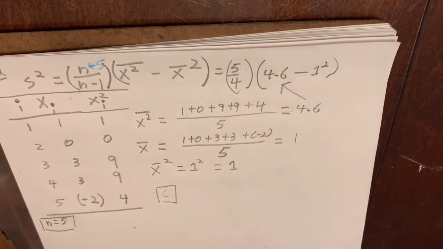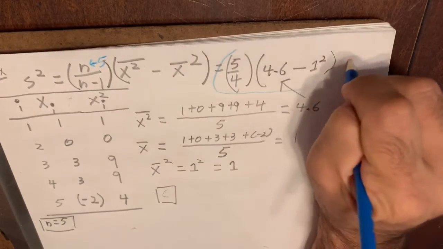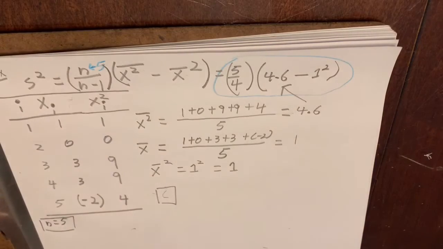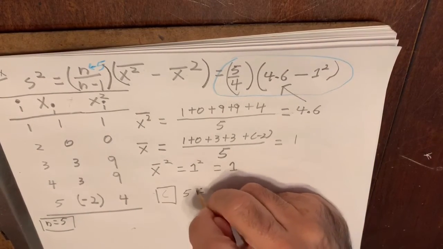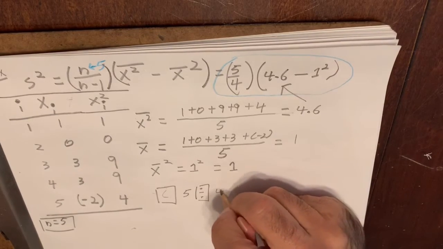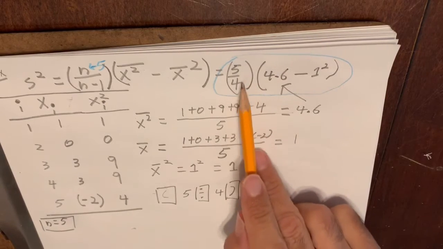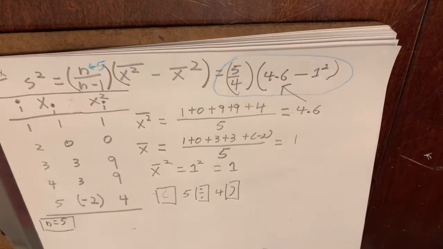So now what we're doing is we are evaluating this top little expression. So we hit the parenthesis key, and then we go 5, and then the divided by button, and then 4, and then we close the parenthesis. So this here is that.